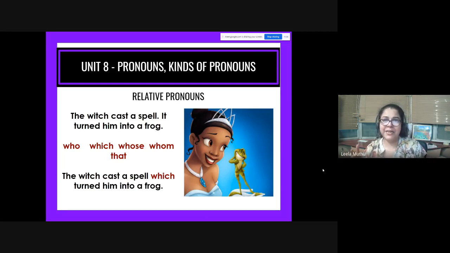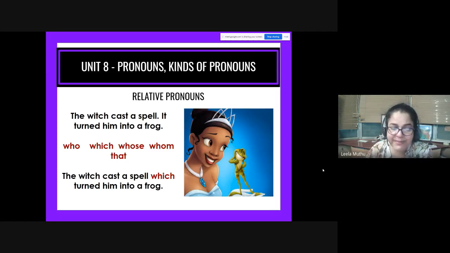And no matter how he looks, when he initially asks for a kiss, she says, "Ew, ew, I'm not gonna kiss any frog." Okay, but then finally she does kiss him when she really likes what he's like inside. She doesn't look at the fact that he's a frog. And then when she kisses him, he turns into a handsome prince. And the trick is, he's not supposed to tell her that if you kiss me, I'll turn into a prince. He's not supposed to say anything at all. He's just supposed to win her heart by being a good guy.